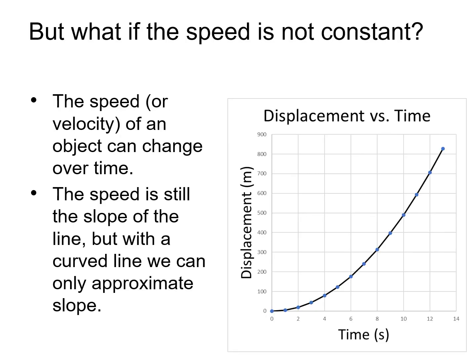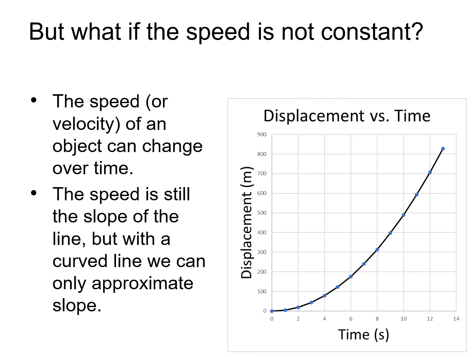But the speed does not have to be constant. It can change over time. So you might get a graph that looks like this, for example, that has a curve. This displacement versus time graph is showing increasing distances between the displacements over every second. The line segments are getting longer and longer.